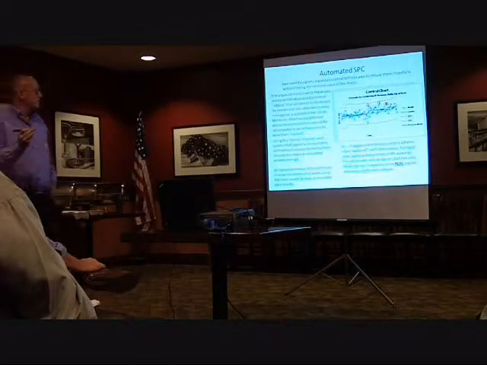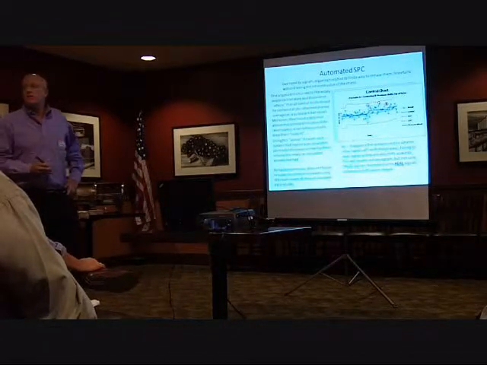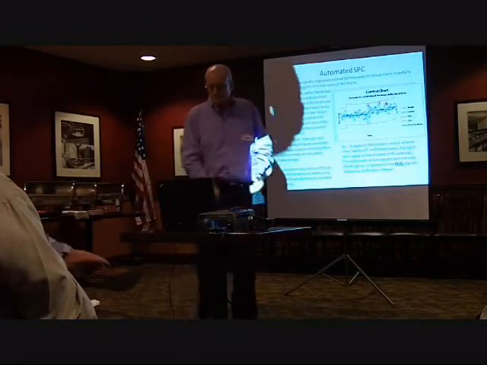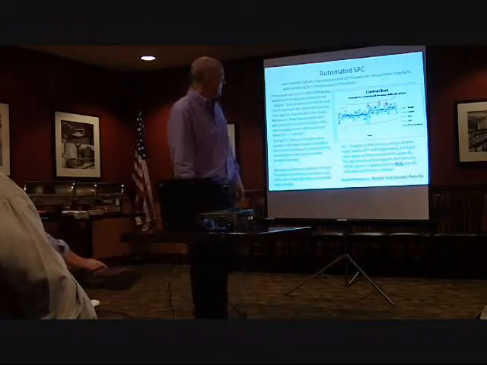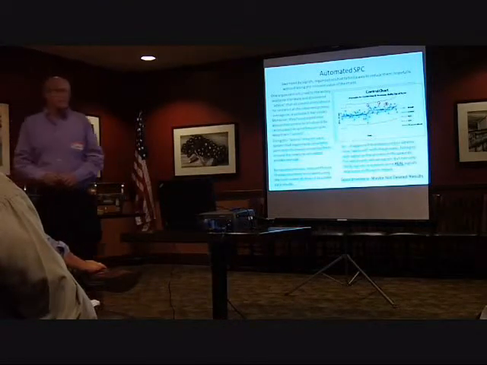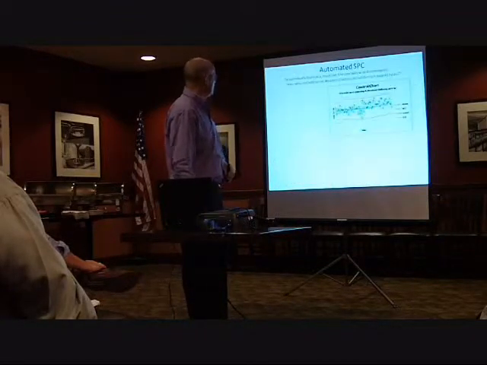So we would have gotten a signal right here, the first time we moved to about 1.5 standard deviations above where we were originally running. Good intentions, maybe not the most desirable results.